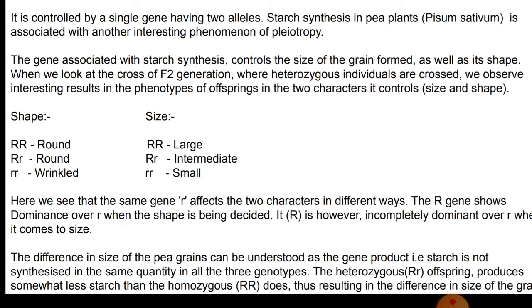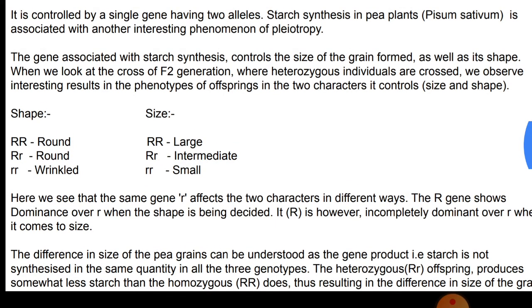The heterozygotes produce somewhat less starch than the homozygous, and this results in the difference in the size of the grain. So here you see that the same gene is deciding the shape as well as the size of the starch grain.